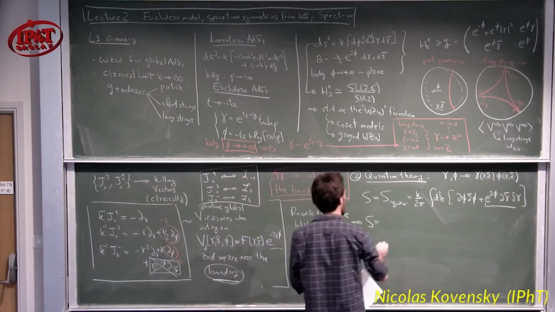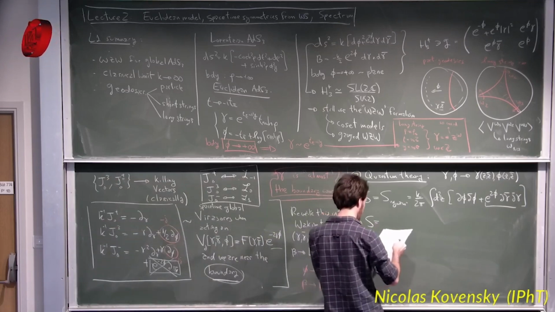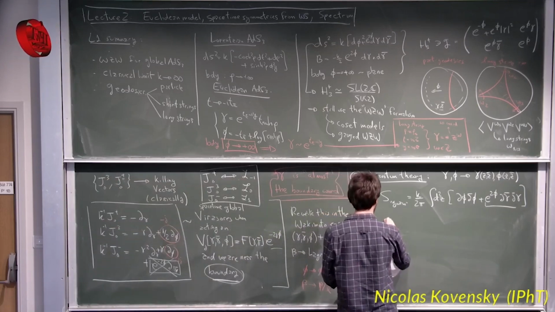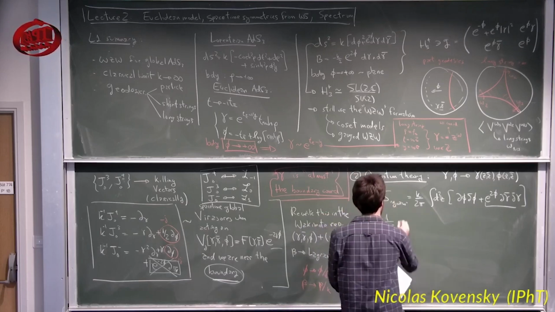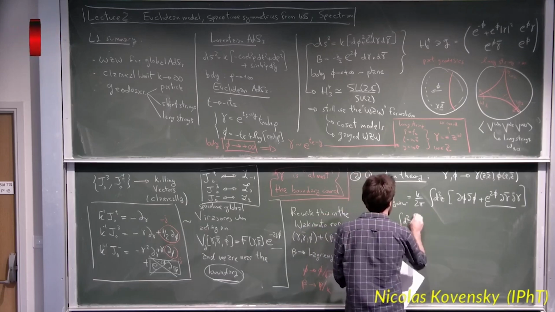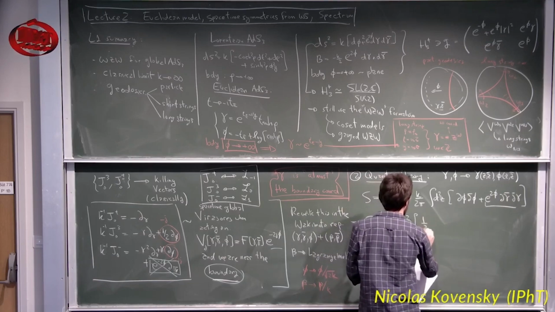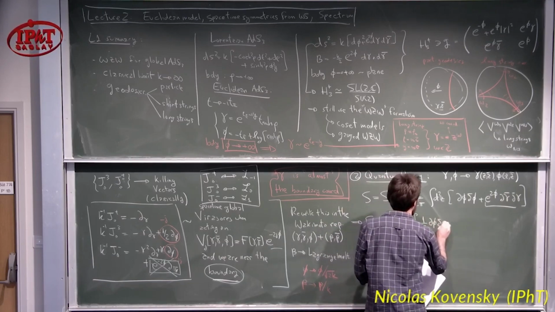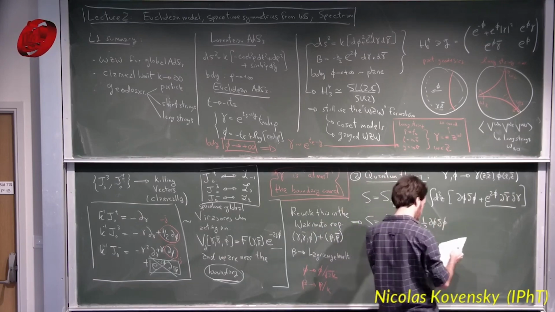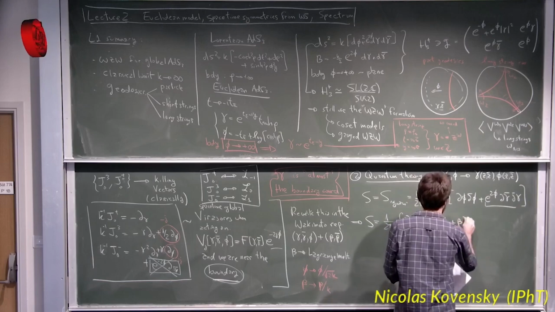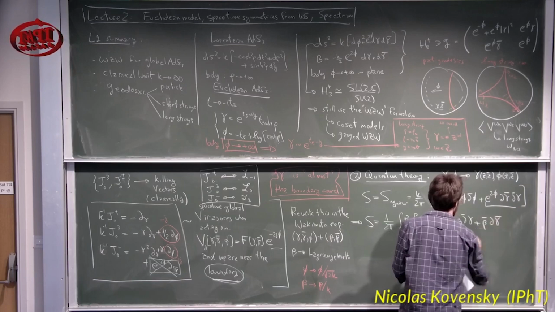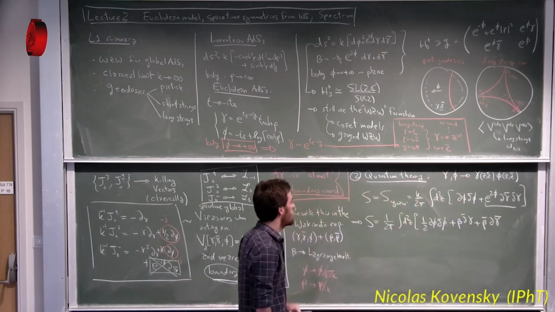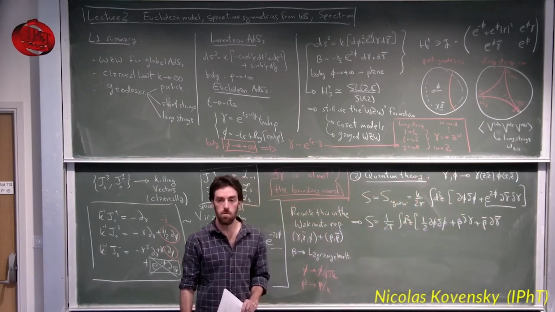And what you get from doing this is an action which takes this form: 1 over 2 pi, the integral of 1/2 ∂phi ∂bar phi plus beta ∂bar gamma plus beta bar ∂ gamma bar. So those are the kinetic terms, right?